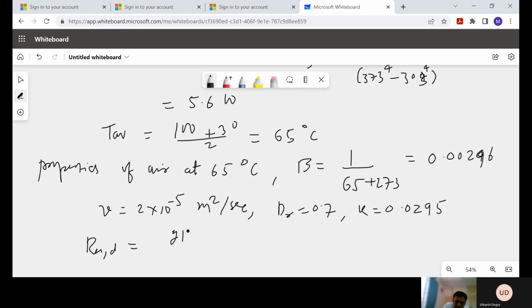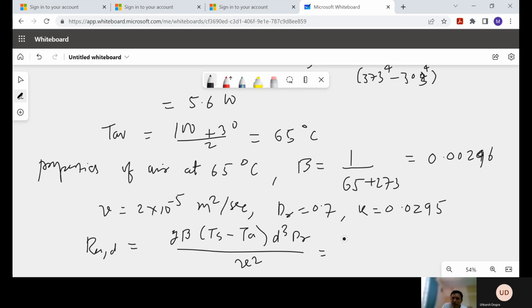So now we can use the formula here as the Rayleigh number based on the diameter of the bulb, that can be given as g beta delta T, so we will have TS minus TA, D cube, Prandtl number divided by nu square.